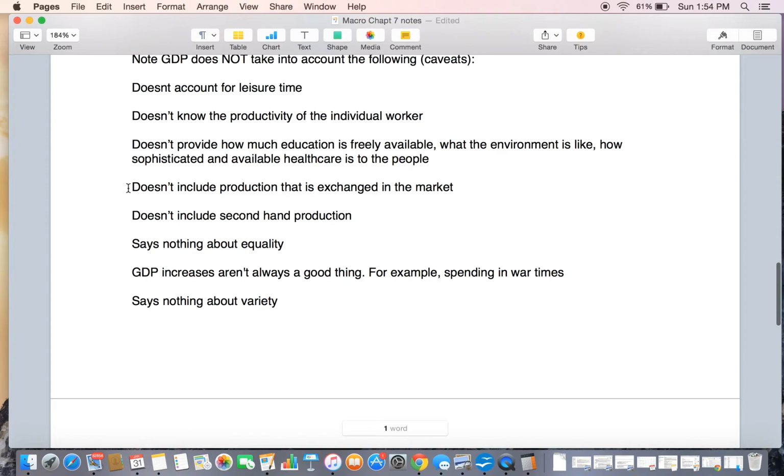A couple of things GDP isn't taking into account at all are any exchanges that occur in the market that are sort of below, under the table. So there might be lots of trade and barter in certain economies, there might not be in others, and all of that production is not going to be accounted for. Certainly production that occurs under the table or in the home is not going to be accounted for.